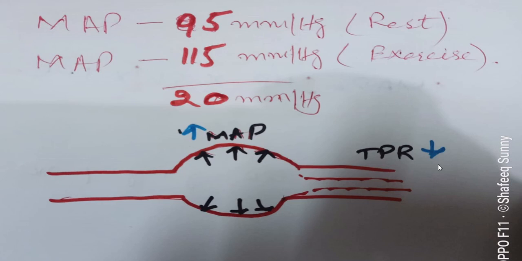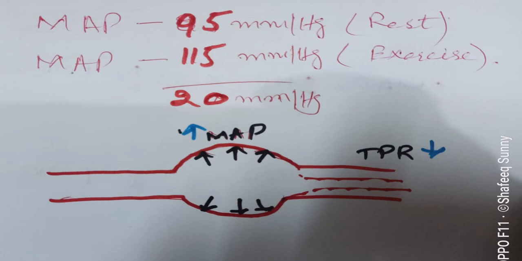Total peripheral resistance is decreasing, because cardiac output is increasing, and the mean arterial pressure will definitely be increased, by that 20 millimeters of mercury.